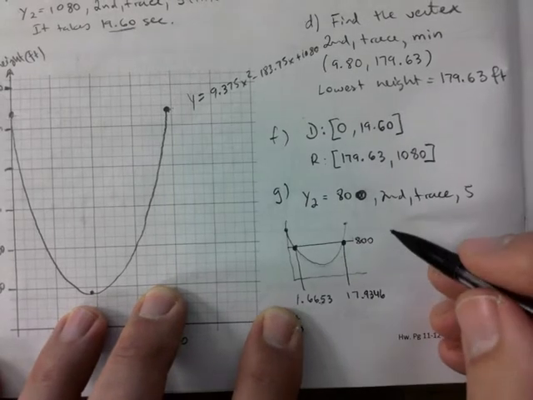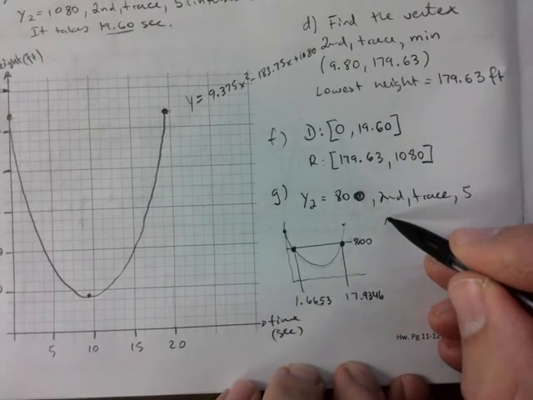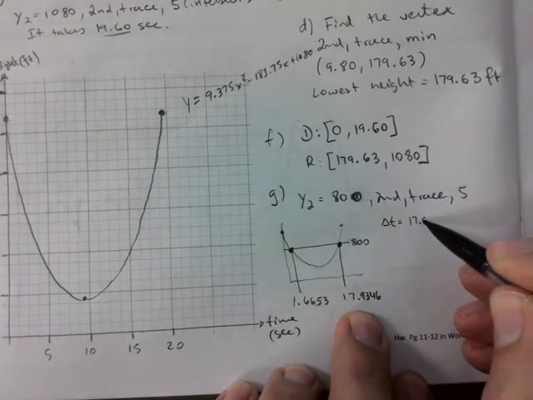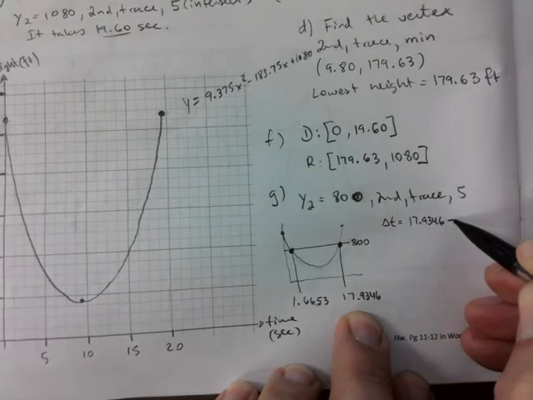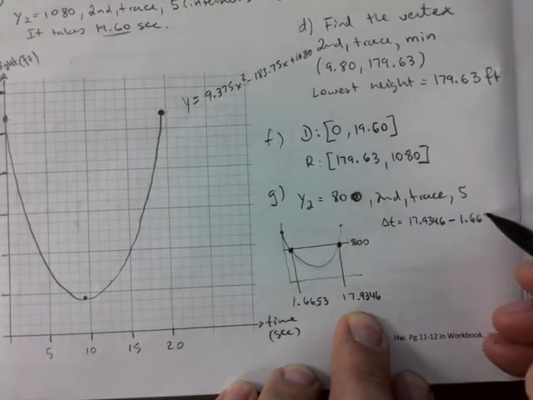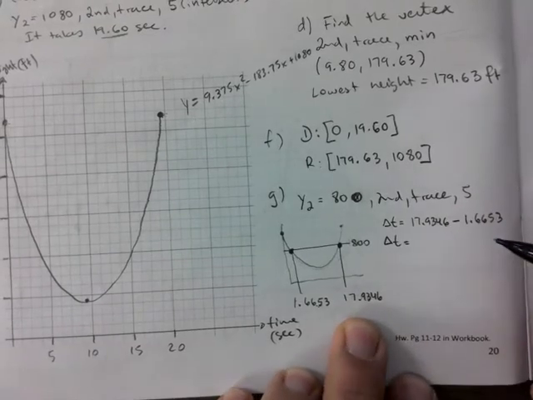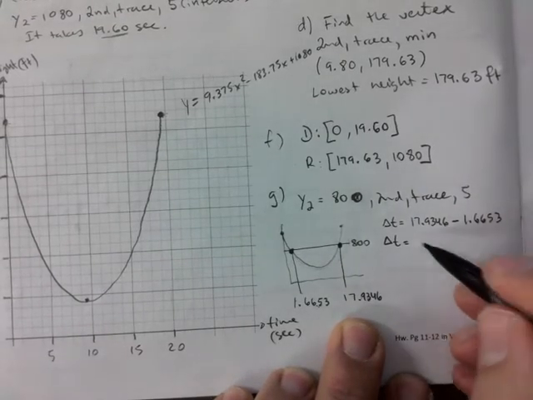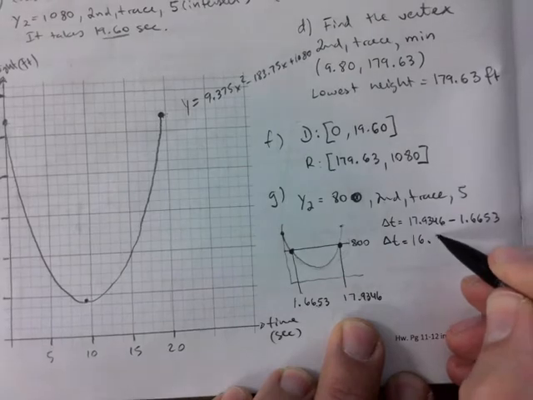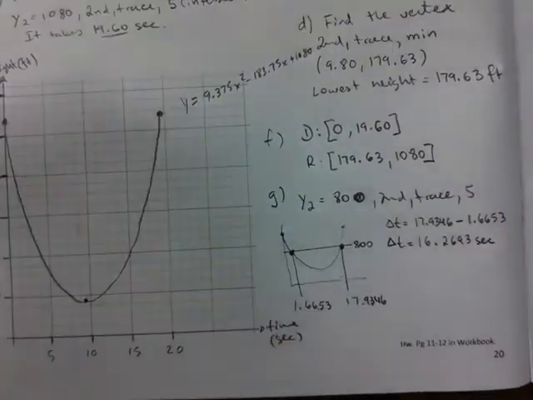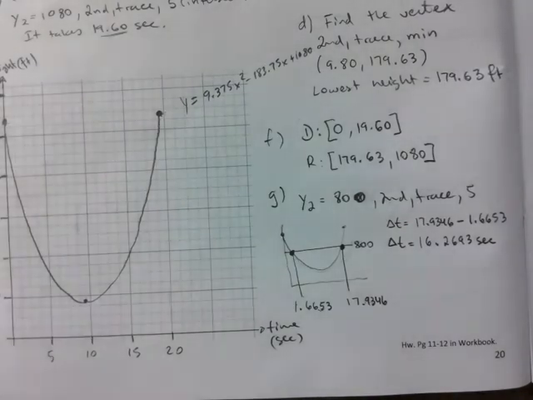Okay, so watch what I'm going to do here. Delta time is 17.9346 minus 1.6653. And figure out what that is. I'm giving you the answer, 2.693 seconds.